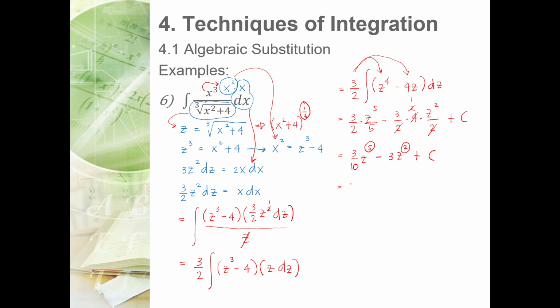All right, so we have 3 tenths, then x squared plus 4 5/3, di ba? Minus 3 times x squared plus 4 raised to 2/3 plus c. So this would be the final answer.